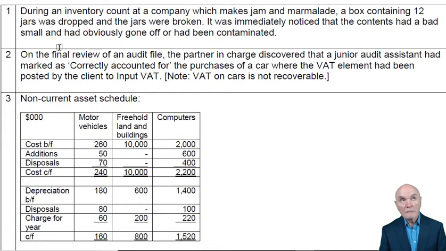And then we should begin to think, what are the implications? Well, if they've done it for one car, what happens if the company had bought 20 cars in the year? Have they all been incorrectly treated? Do we have to go through all of those invoices to see whether it's an isolated error or whether it's systemic?